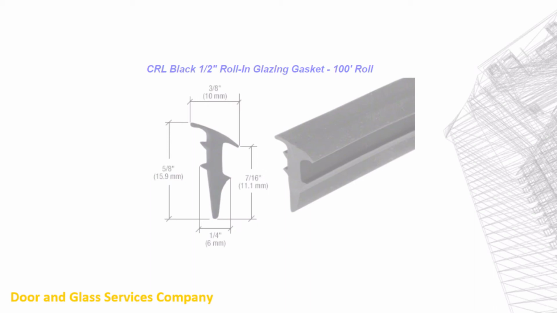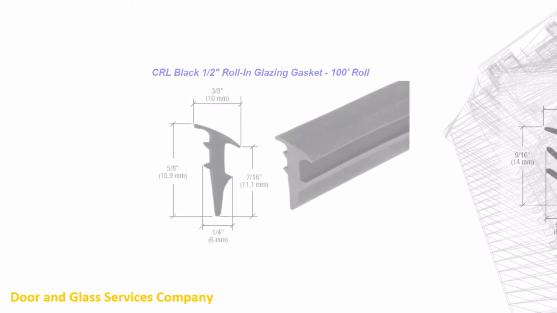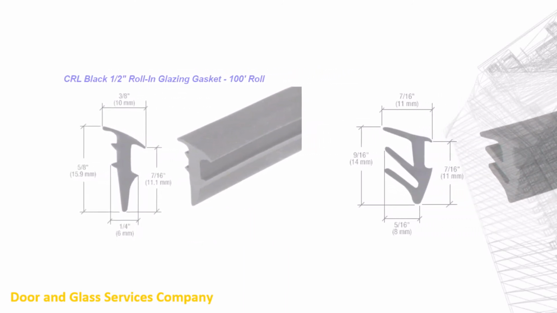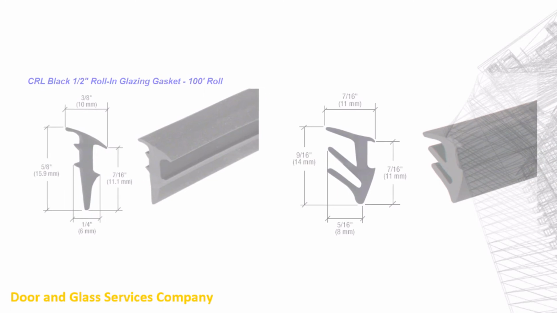CRL offers this vinyl to be used in conjunction with the 1-inch U channels. They have a different thickness gasket for 3/8 and 1/2 inch glass to go with those U channels. And this rubber material takes up the space between the glass and the channel.